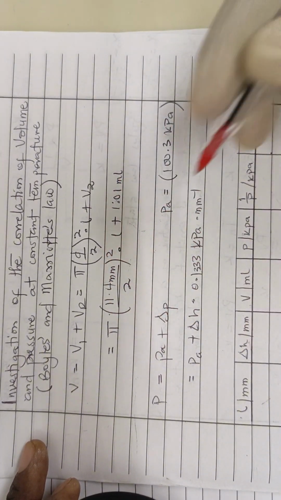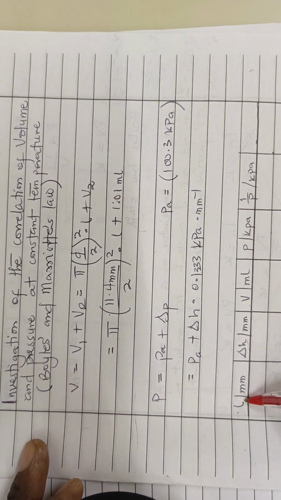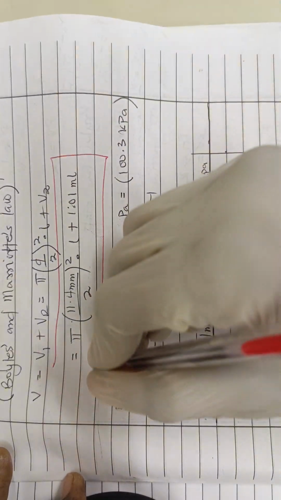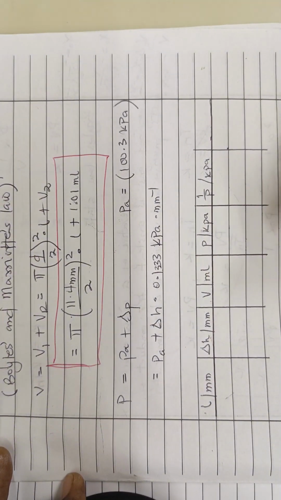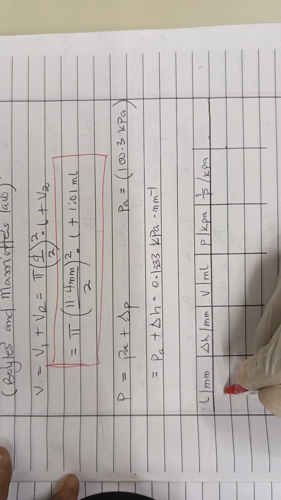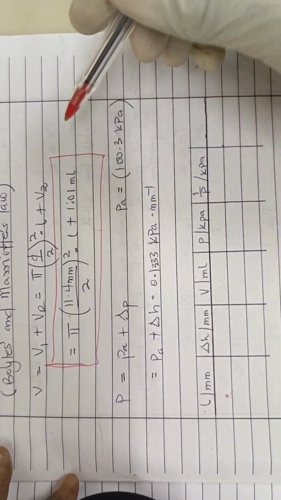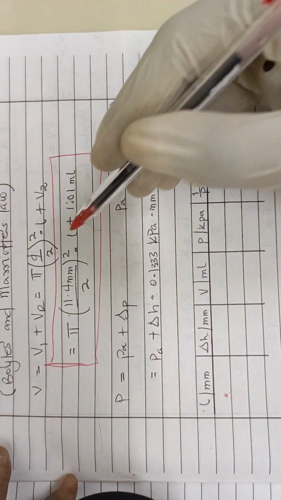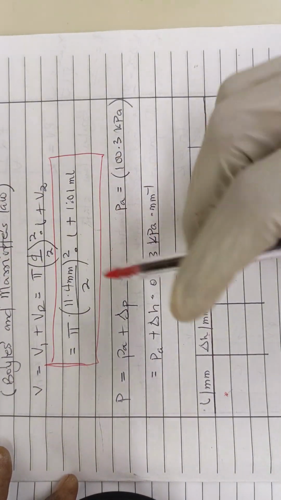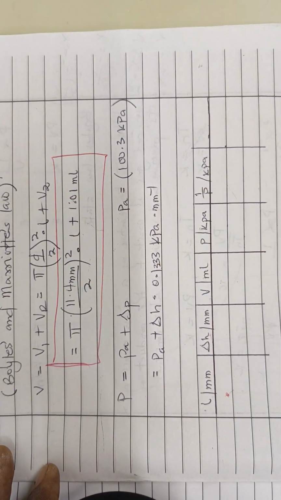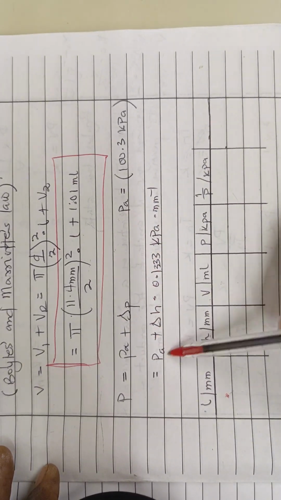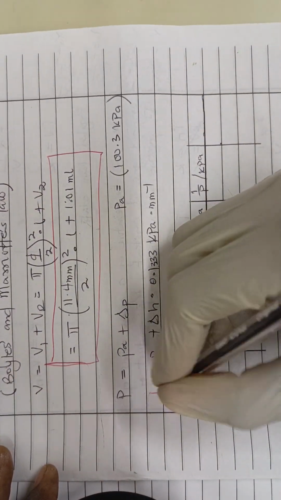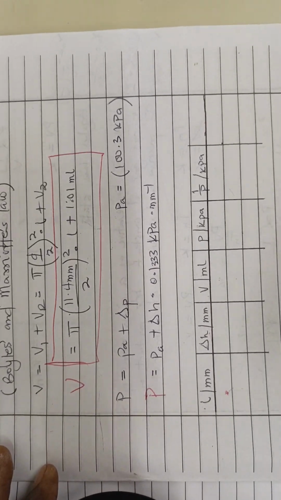So the values of L that we had in this section, we use this equation to find V. We take the first value, insert it here, and find the first value here. We take the second value, insert it here, and find the second value. So we use this equation to find V. Then we also use this equation to find all the P values, so this P and this V.